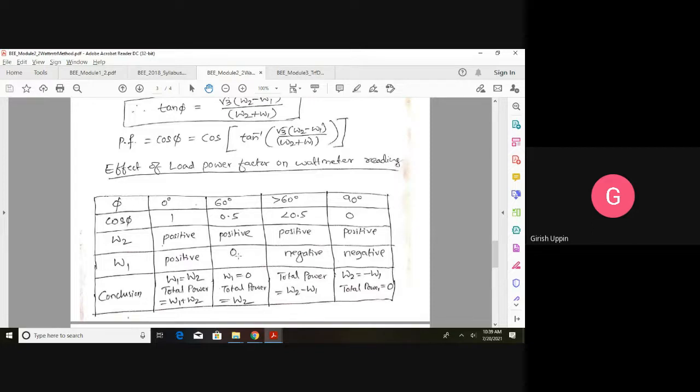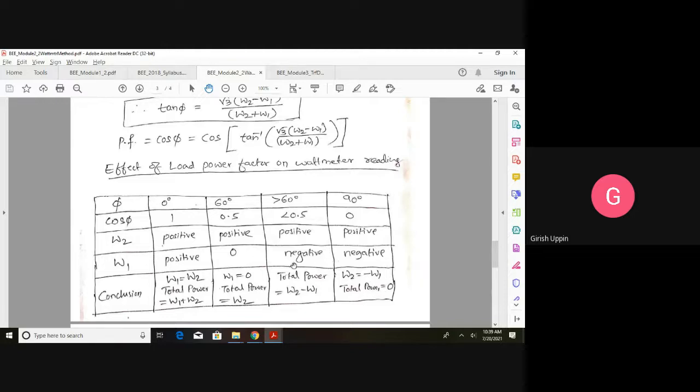Cos of 90 is 0. I get a 0. And if I increase the angle further, this will become positive and this is negative. And if it is 90 degrees, we have the positive value here and a negative value. Both are equal but in opposite direction. W2 is equal to minus W1. Total power consumed is 0.